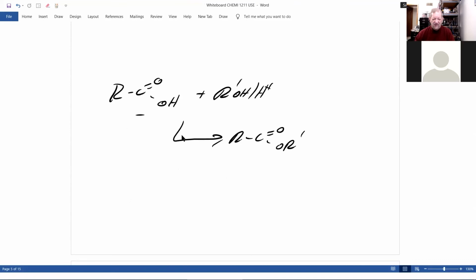You take a carboxylic acid, react with an alcohol with acid, you'll make an ester. Now, today's lab, you would have been making esters and then using a very, very sensitive analytic tool, your nose, and you'd be smelling them. And that's what you would do. Let's look at today's lab, first part.